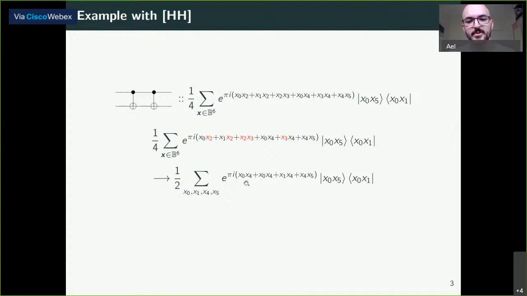Those terms x0, x4 appear twice, so it simplifies by itself, and then you get the known expression for two following Hadamard gates, so it reduces to the identity.